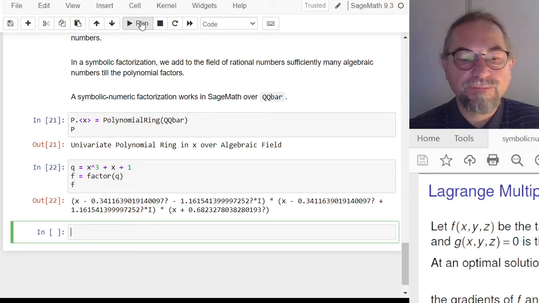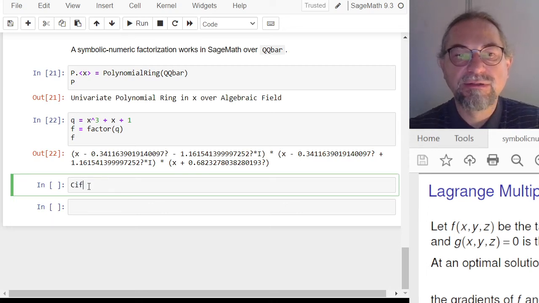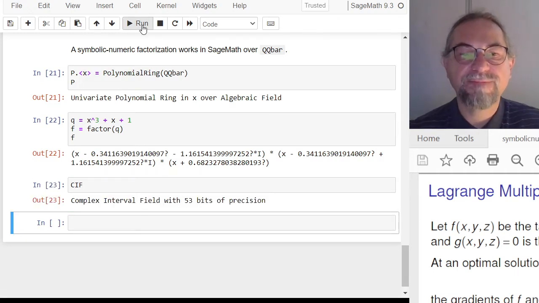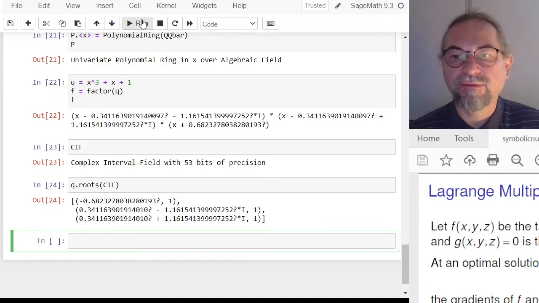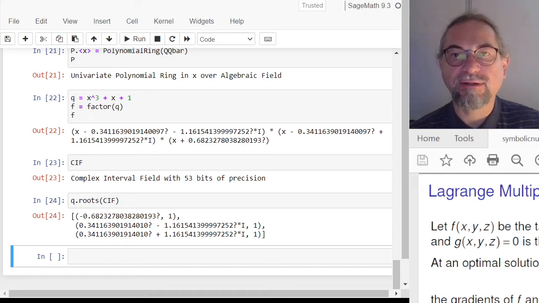where I could have also computed, so there is the complex interval field, abbreviated as CIF. If I ask SageMath for the roots over this field, then you see that the factorization that was computed is indeed a factorization with respect to the 53 bits of precision, that this corresponds to one real root and two complex conjugated roots.